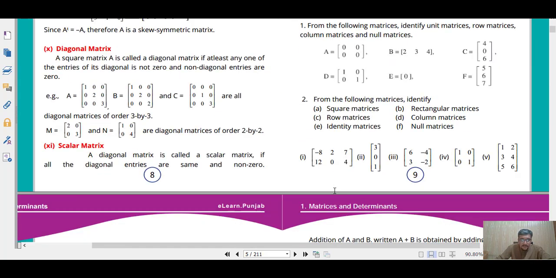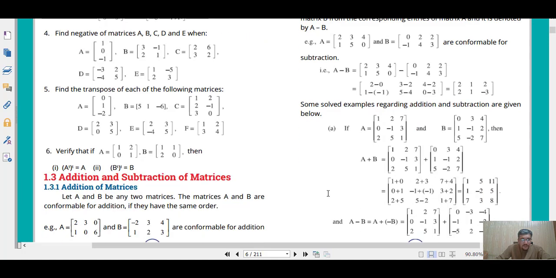Question number 4. In this question, find the negative of matrices A, B, C, D and E. Five matrices are given and we have to find the negative of these. I am going to solve only 3, and the rest of the 2 will be your practice questions.